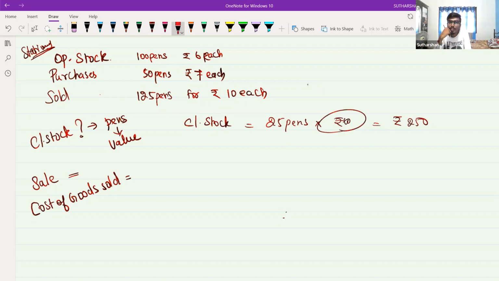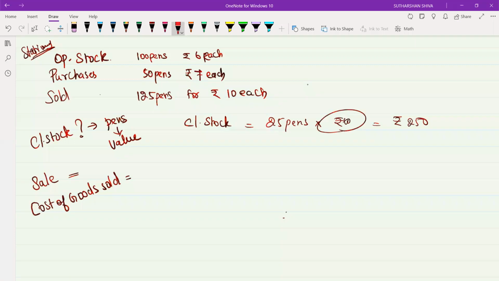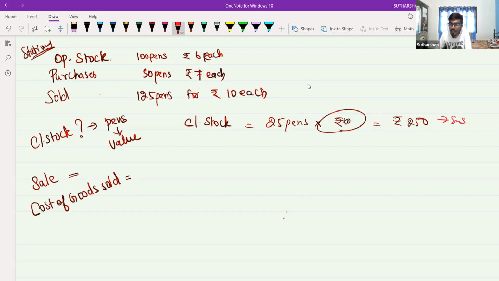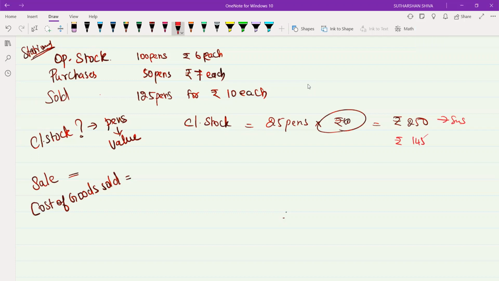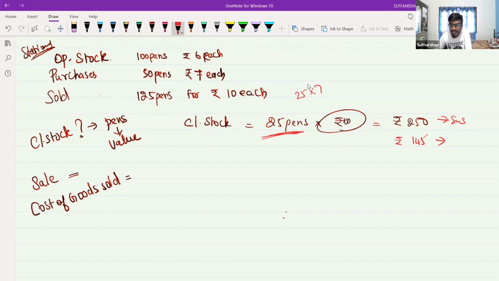Okay, Sneha, what is your closing stock value? 145. This is Susurita's answer. You are giving 145. How are you giving 145? 7 multiply. You are multiplying with 7.